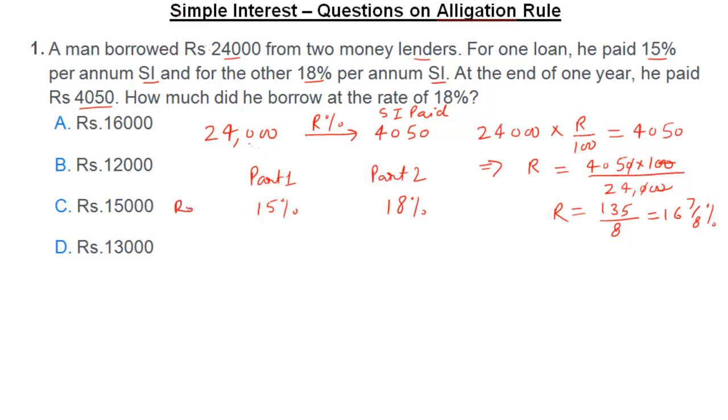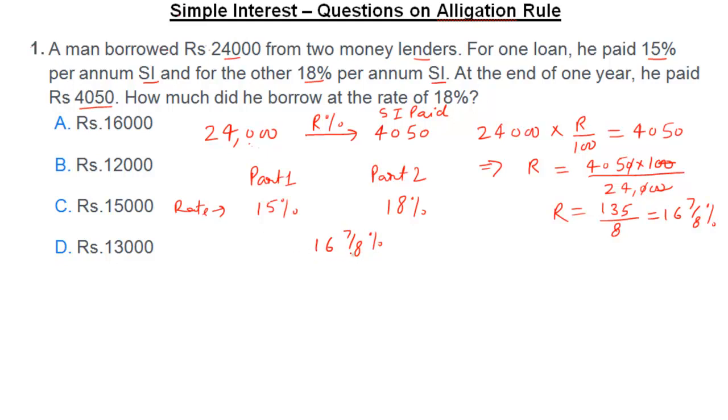So here I have written the rate of interest at which he has borrowed the money, and then the average we have already calculated on the whole money, which is 16 whole 7 by 8%.